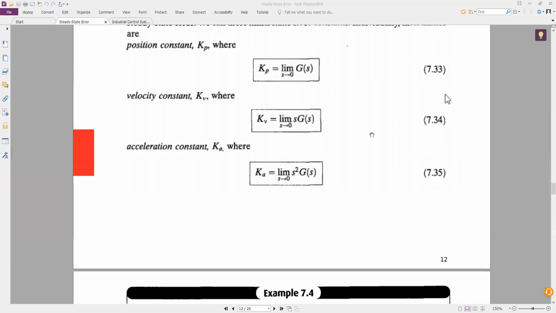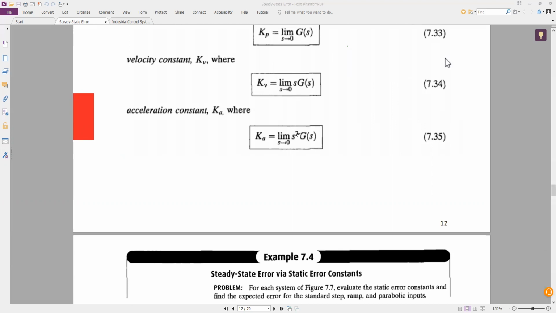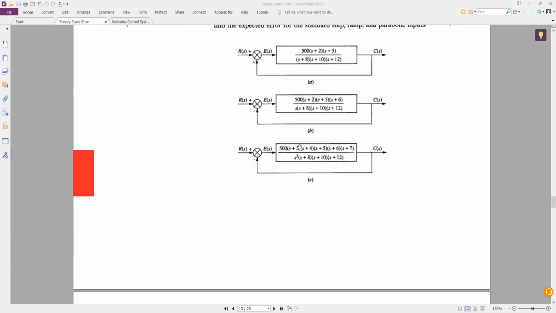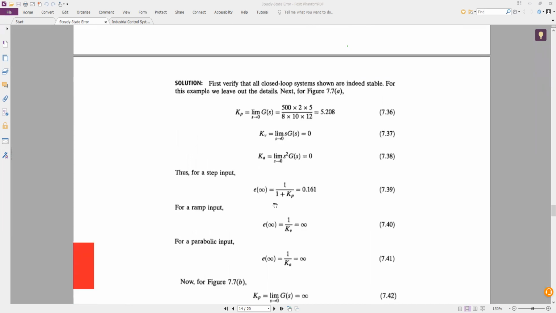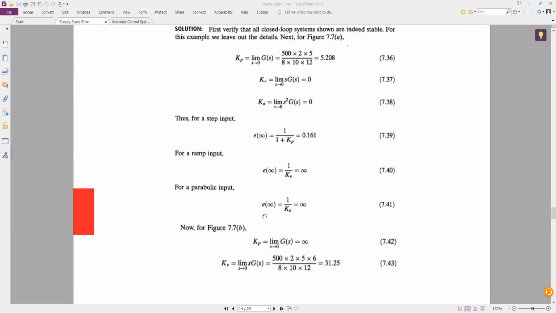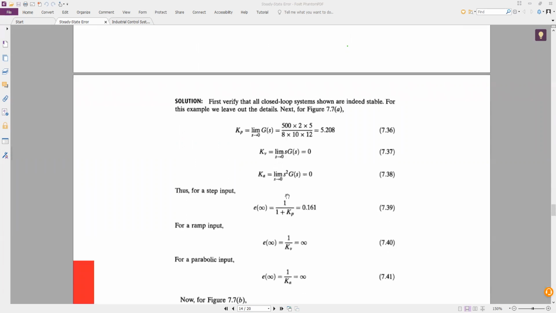See the static error constants. First one, Kp is limit s tends to 0 G(s), Kv is limit s tends to 0 sG(s), Ka is limit s tends to 0 s square G(s). So find the values of Kp, Kv, Ka for the step input, the ramp input, and the parabolic input. Very simple, not that difficult.